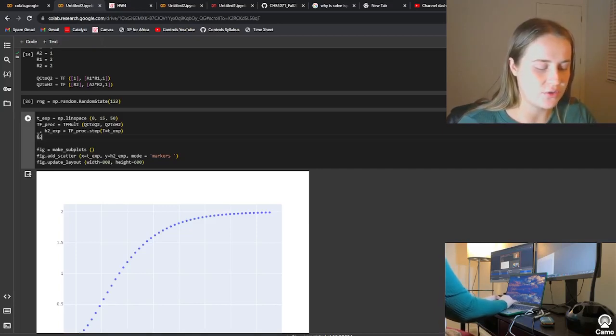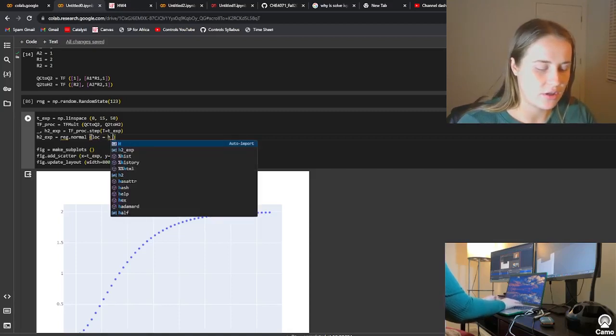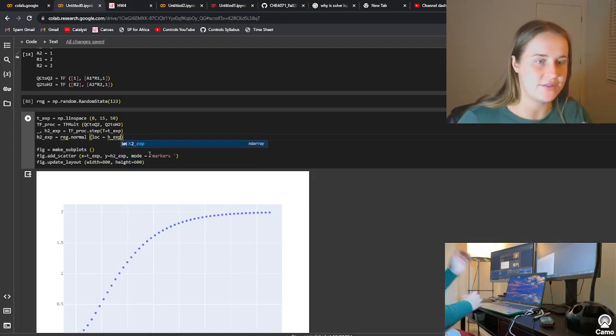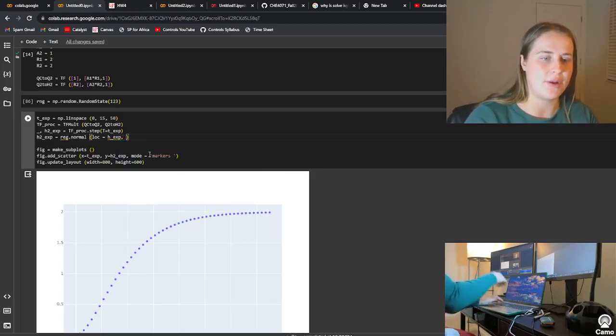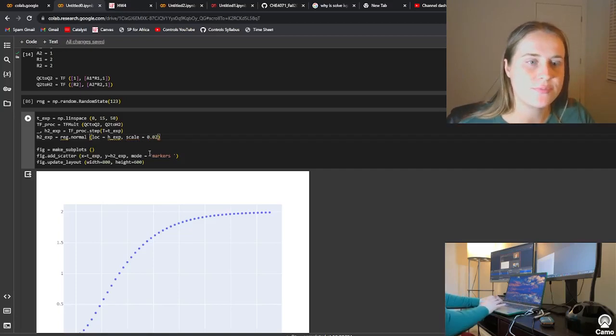So I'm going to do H2 EXP equals our RNG dot normal with our location equaling our H EXP. So it's just all of these numbers. It could be set to a specific location, but I don't want that. I want it to happen over the course of the whole plot. And then the scale is going to be our standard deviation, which is 0.02.